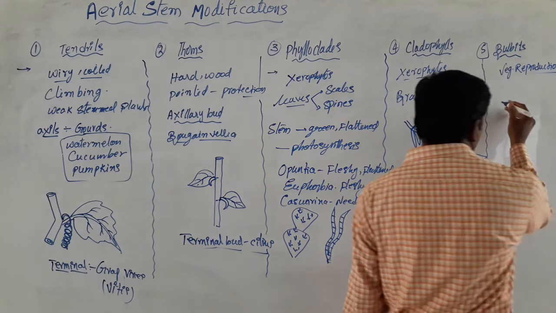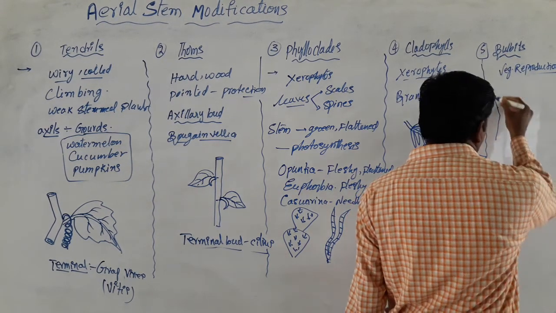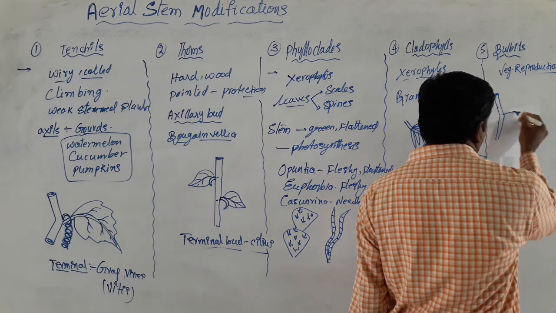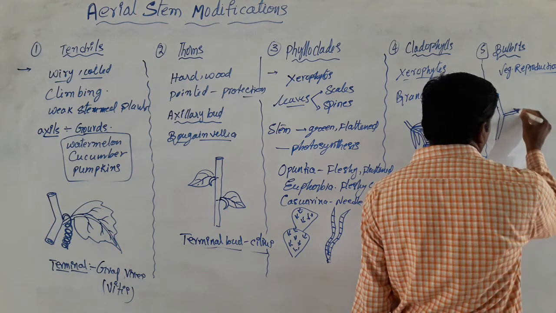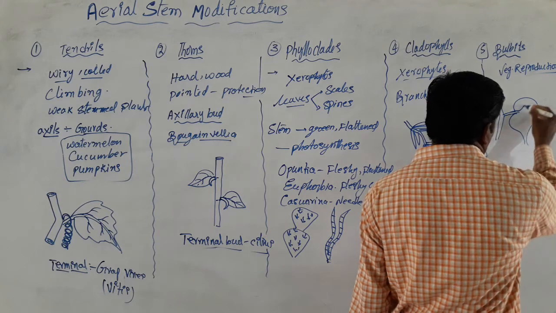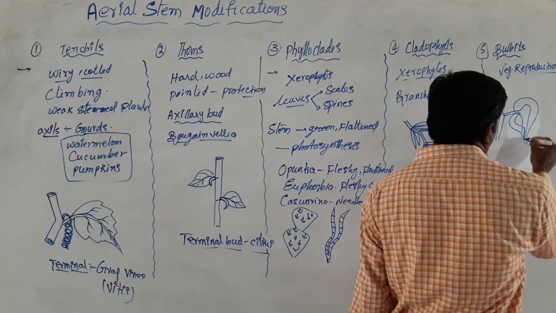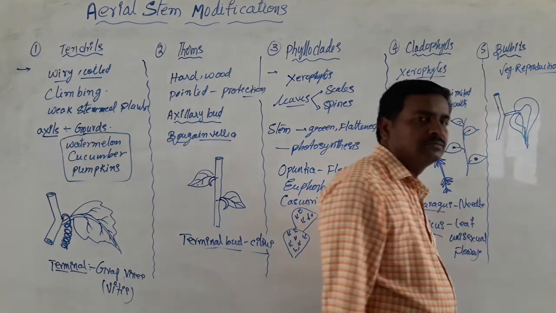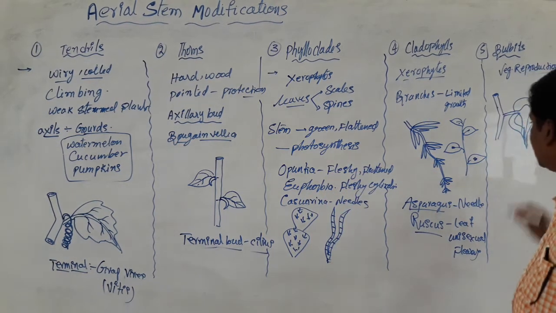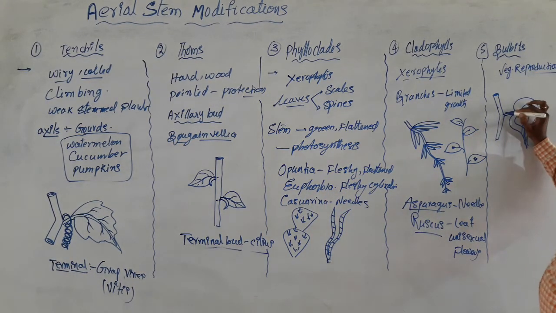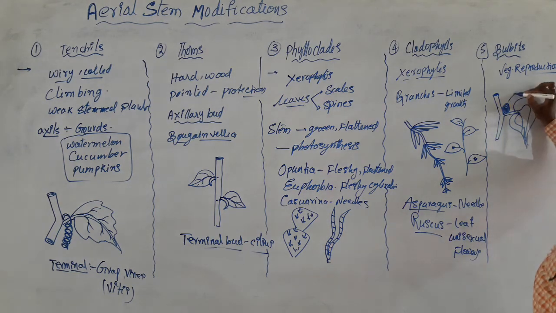So in some members, this is the stem and this is the leaf. The axillary bud present in the axil of the leaf also stores some amount of food material, leading to the formation of a round-shaped structure.